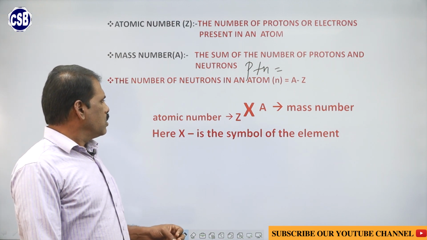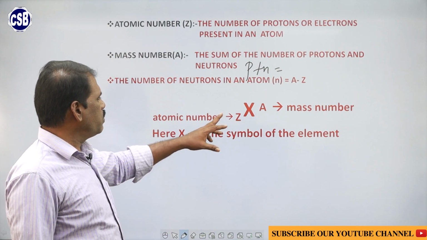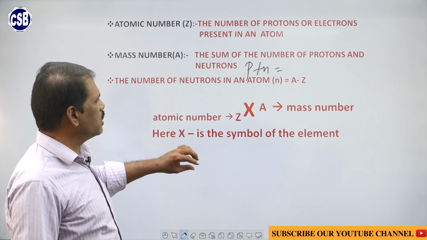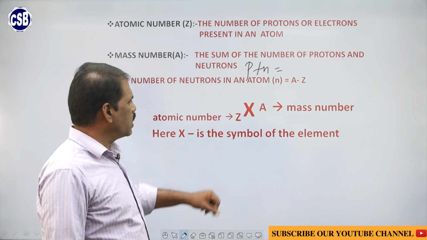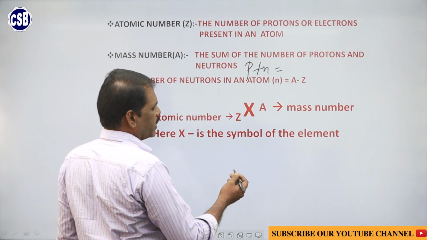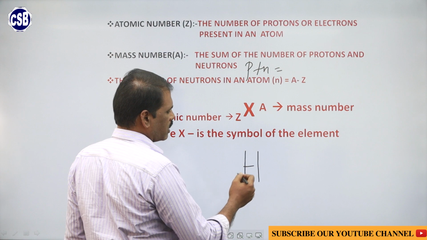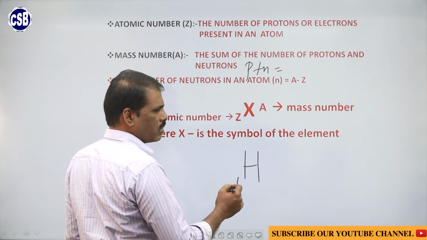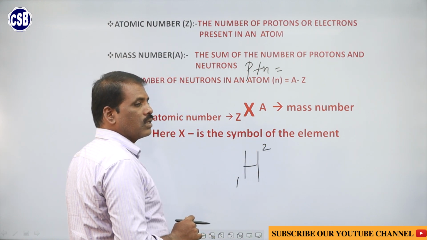Usually it is a symbol to represent an element. So by this representation we can express the atomic number, mass number and the symbol. By combining these we can write like this. See for example, if you take hydrogen atom, this is the symbol of hydrogen atom, this is the atomic number of the hydrogen atom and this is the mass number of the hydrogen atom.